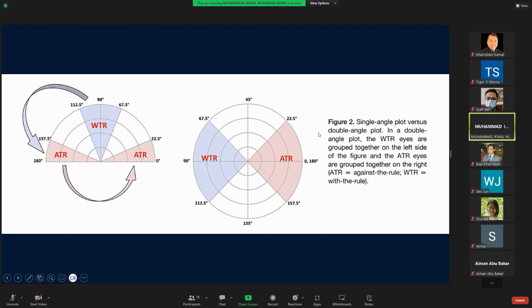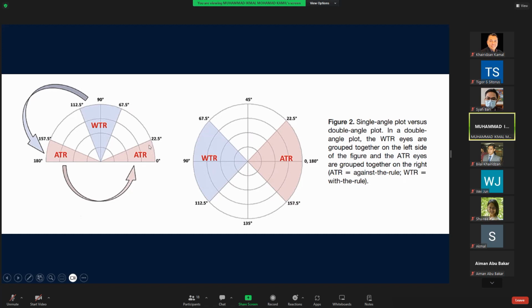On the left-hand side here is the single angle plot, and on the right-hand side is the double angle plot. The authors suggest we use the double angle plot because, as we can see here, with the rule astigmatism in the single angle plot is within one group.